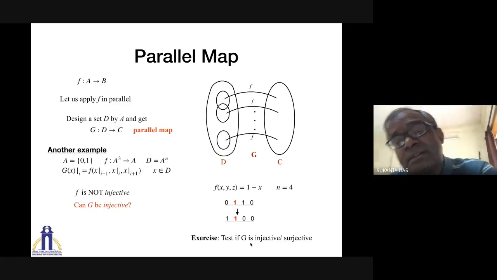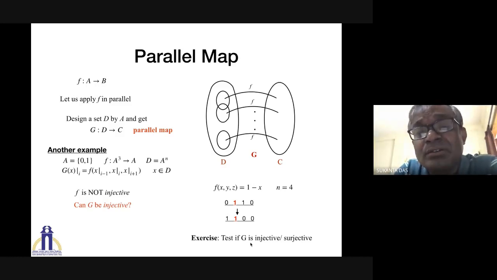Since n equals 4, you can get only 2 to the power 4 combinations, so d equals 2 to the power 4. All possible bit strings of length 4, from all 0 to all 1.